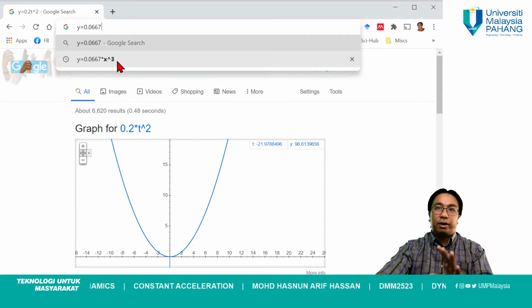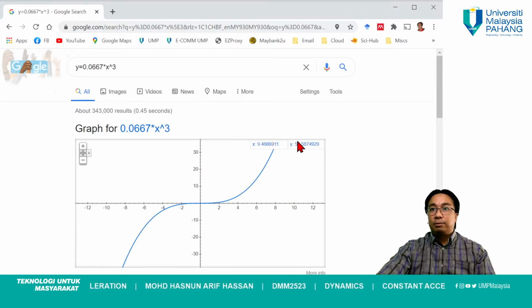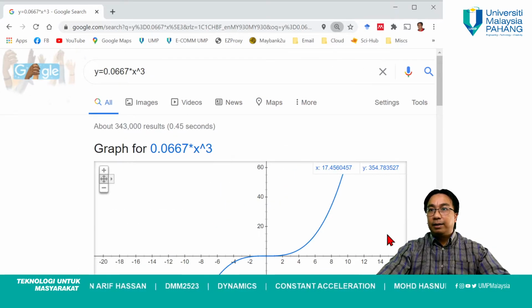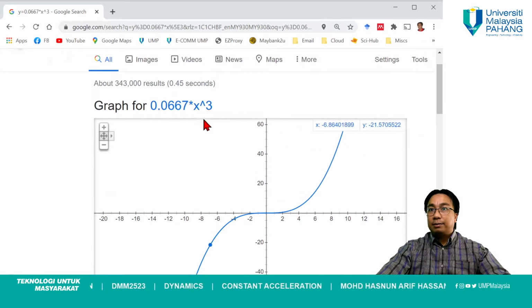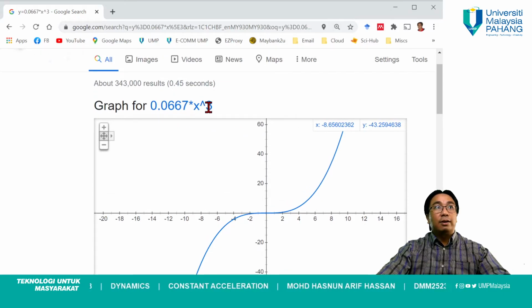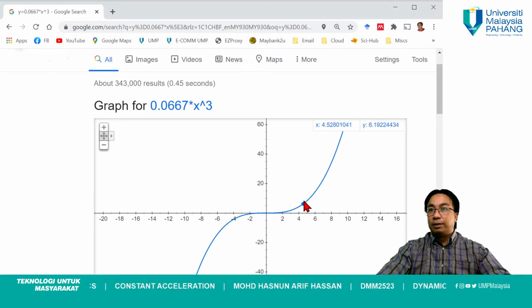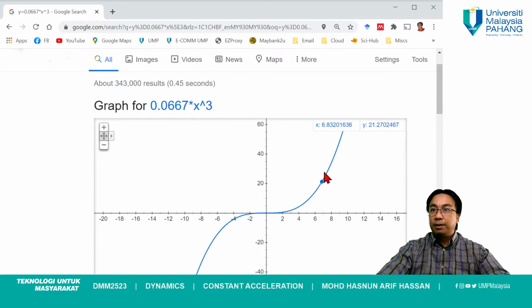Kalau you letak variable lain, s dan t dia tak boleh recognize. Okay, so when you tick this, this will be the graph. You nampak ini graph untuk 0.0667 x to the power of 3. So sekarang kita interested daripada 0 hingga 10. So graf dia lebih kurang macam ni lah. Dia masih lagi curve graph macam ni. So you expect graph dia curve macam ni lah sehinggalah ke 10.